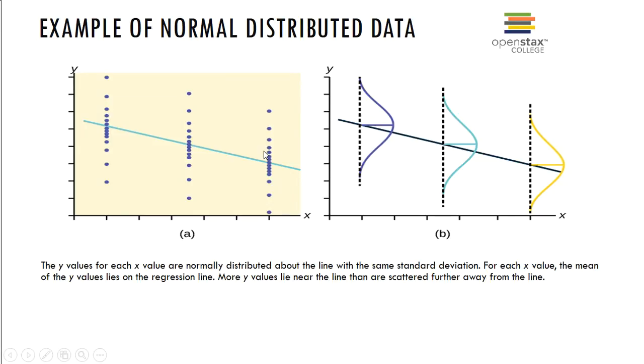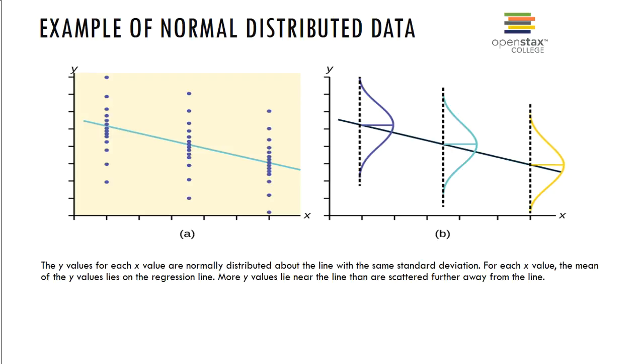So in A, I'm showing that my data is normally distributed because this is one of my values, this is one of my values, and this is one of my values. So the Y values for each X value are normally distributed about the line with the same standard deviation. For each X value, the mean of the Y values lies on the regression line.